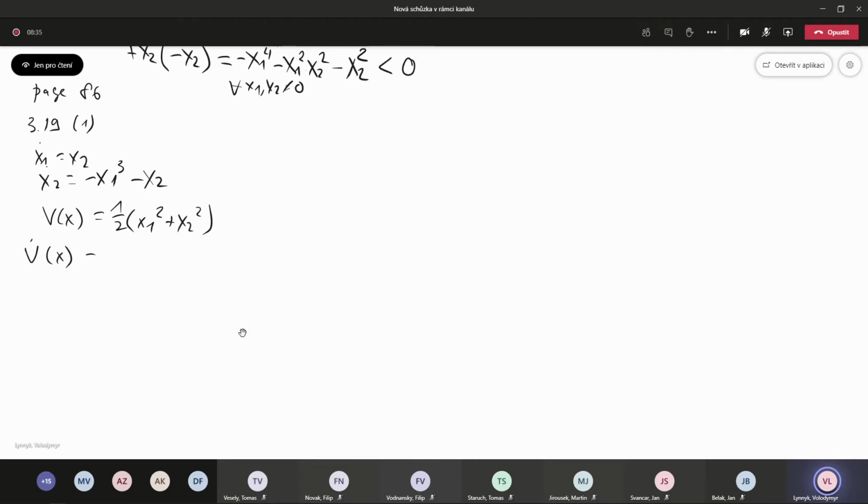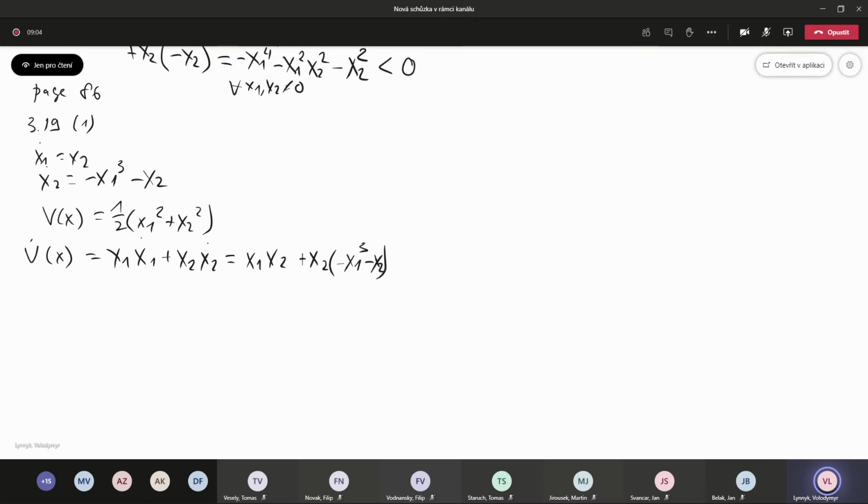Then calculate the derivative, which is equal to x1 x1 dot plus x2 x2 dot, and is equal to x1 x2 plus x2 times (minus x1 cubed minus x2).